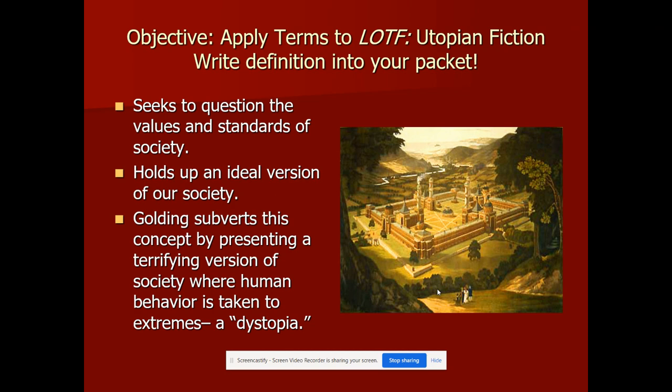A dystopian piece of literature holds up a nightmarish version of our society in order to criticize us. So at first, the island looks like a utopia, but it eventually becomes a dystopia when the boys become so violent and break down so completely that children start getting hurt and even more terrible things happen.